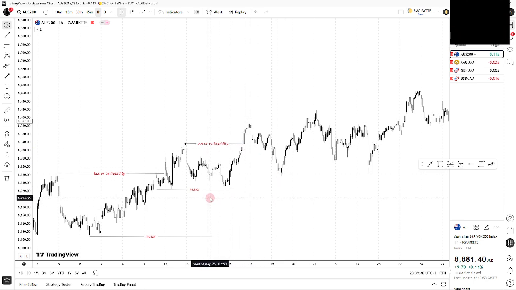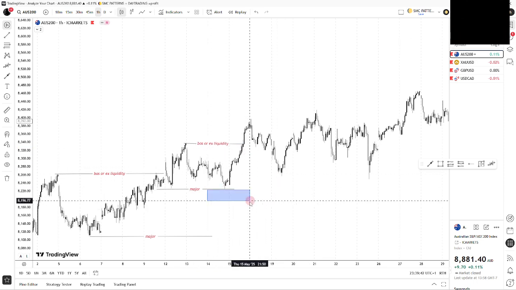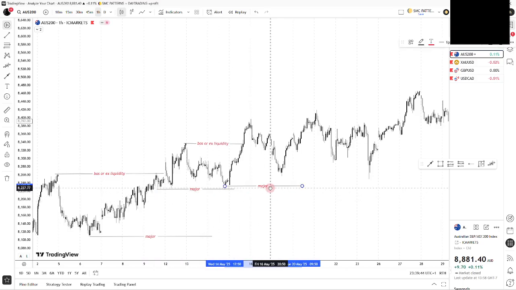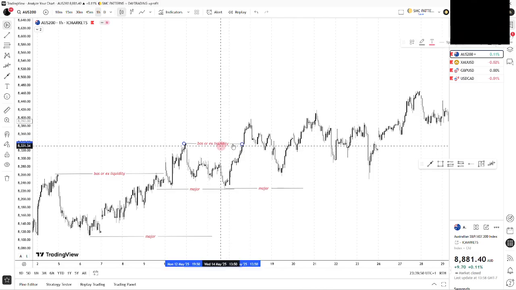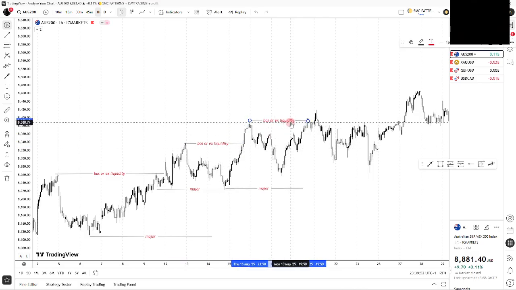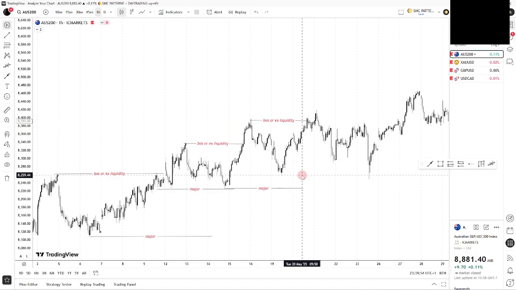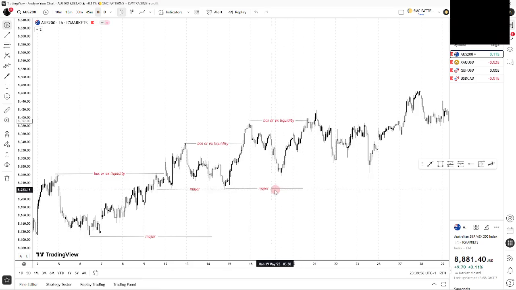Where is the major? The major should be here too. Where is the next BOS? Here is the next BOS, or external liquidity. Where is the next major? Here is the next major.